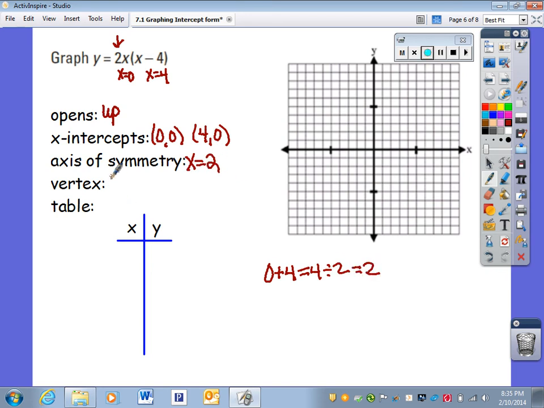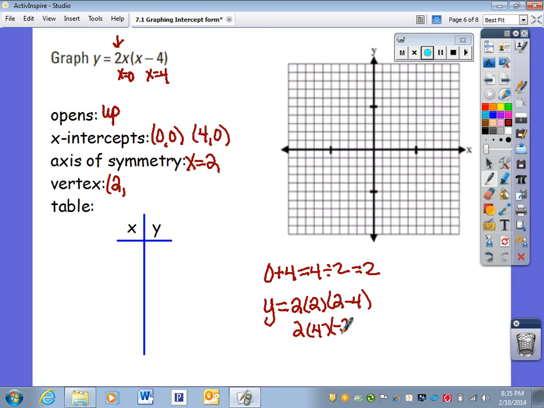Our vertex has an x-coordinate of 2 since the axis of symmetry passes through that. And then we're just going to substitute in to find our y value. So y equals 2 times 2, and then 2 minus 4.